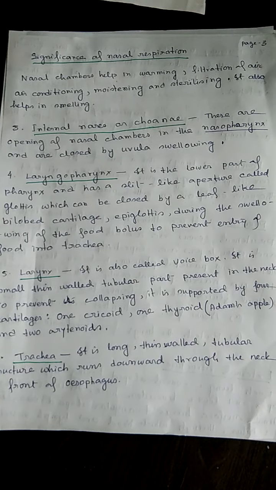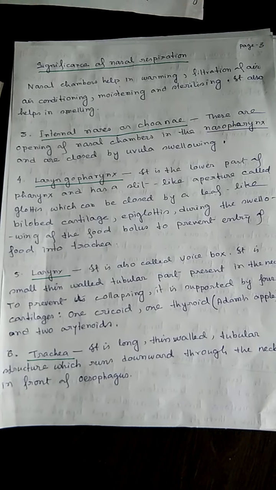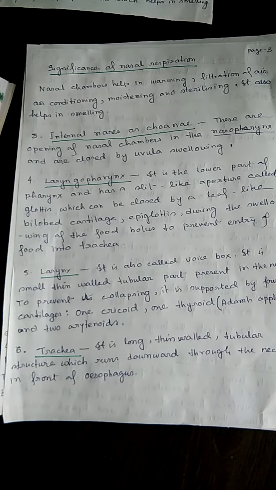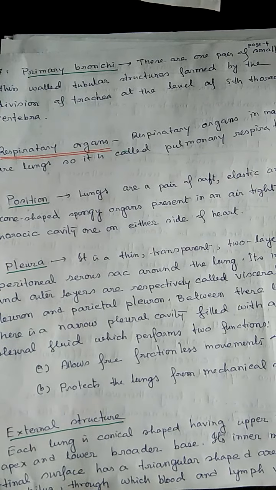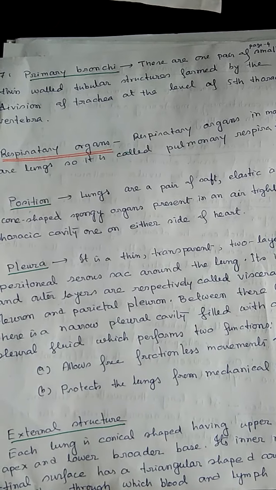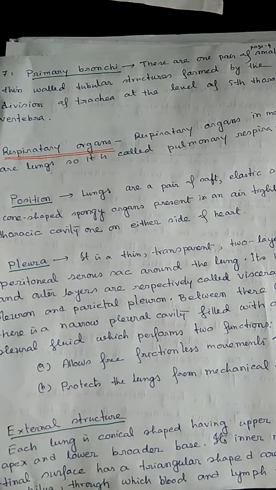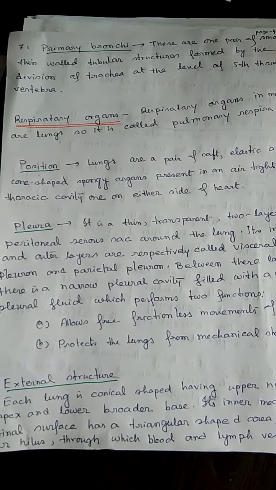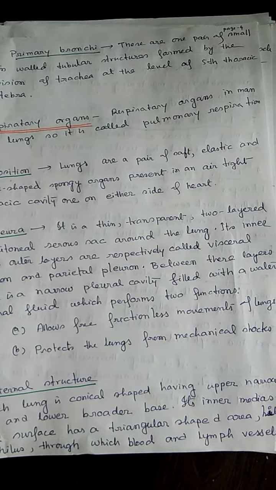Then the trachea. It is a long, thin, narrow cartilaginous tubular structure which runs downward through the neck in front of the esophagus. And the last part is the primary bronchi. These are one pair of small thin-walled tubular structures formed by the division of the trachea at the level of the fifth thoracic vertebra. So this is the first part, the respiratory tract.